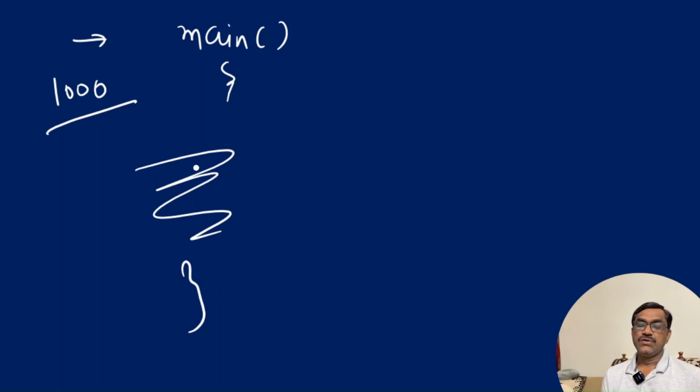So if there is any error in the program, which consists of the main with 1,000 instructions, how do we find that error? To locate the statement or the instruction where the error has happened among the 1,000 instructions is very, very difficult. So the main problem with this is debugging.